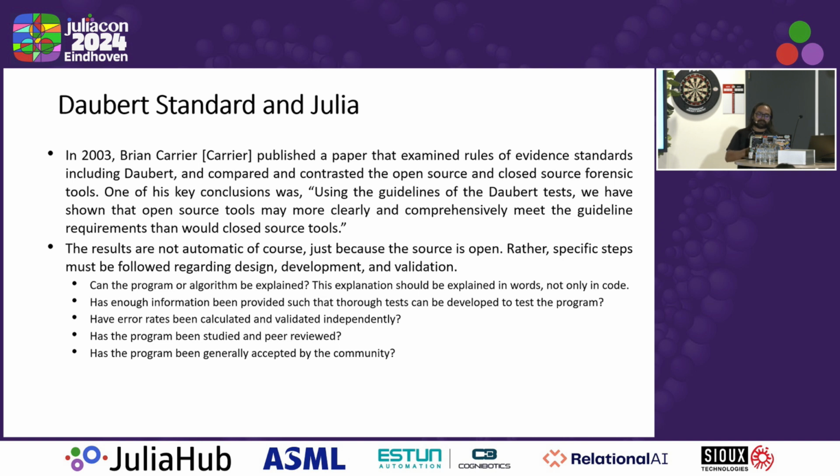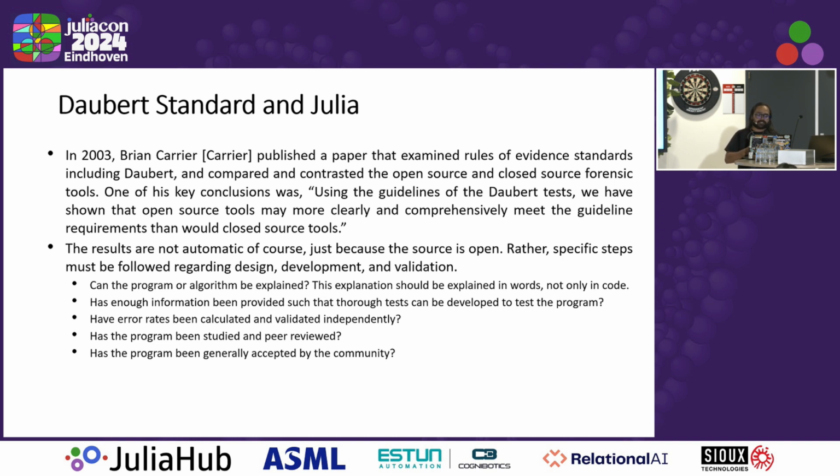This explanation should be in words and not only in code, because we have to explain the algorithm or functionality or source code to people from a non-computing background. They may not understand the computing jargon, so we have to make sure that they understand the algorithm and the functionality.